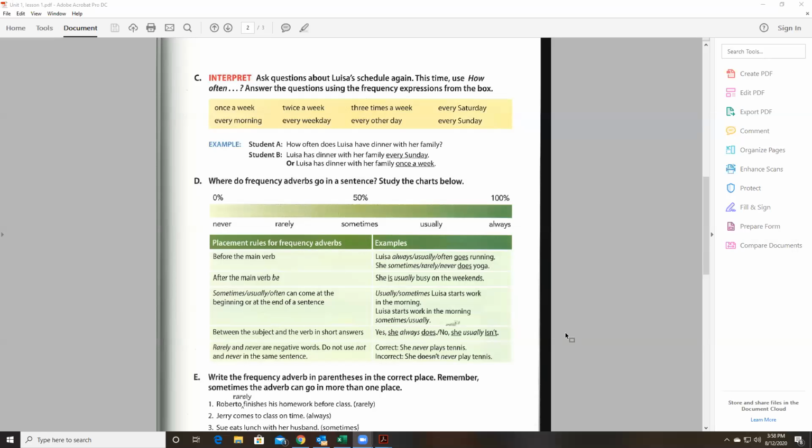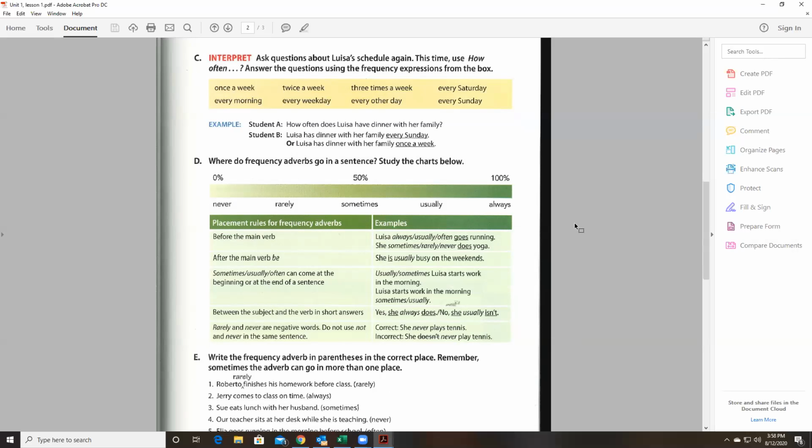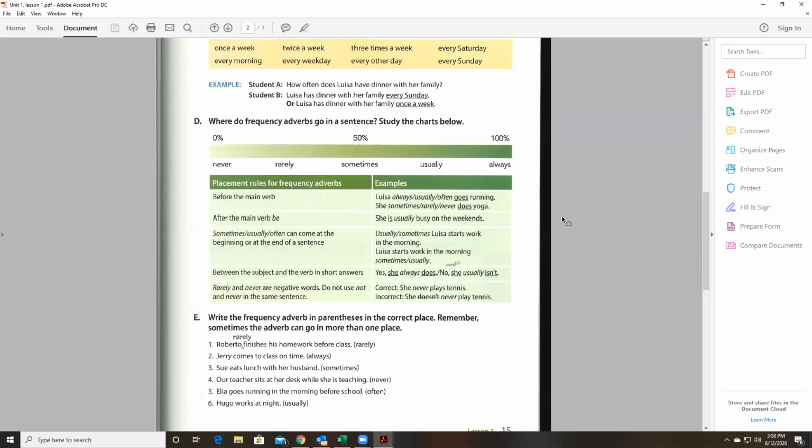All right, so now we are going to look at D. It says, where do frequency adverbs go in the sentence? Okay, study the charts below. So now we're talking about frequency adverbs. Those are words, for example, like never, rarely, sometimes, usually, and always.